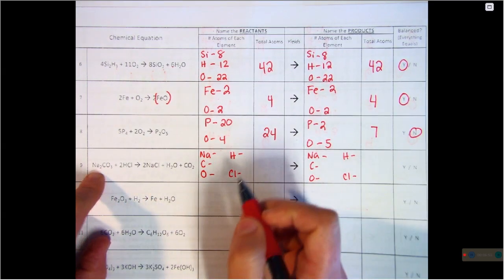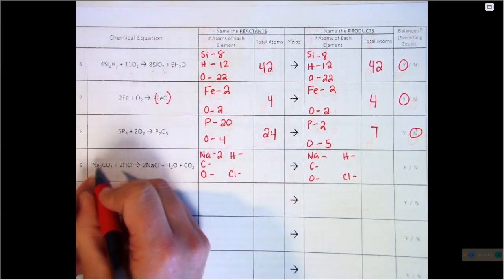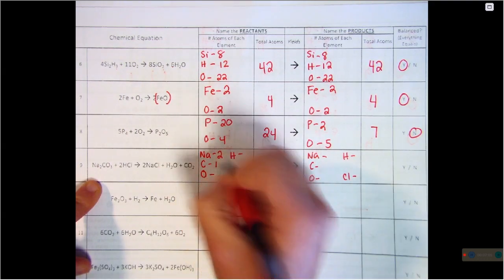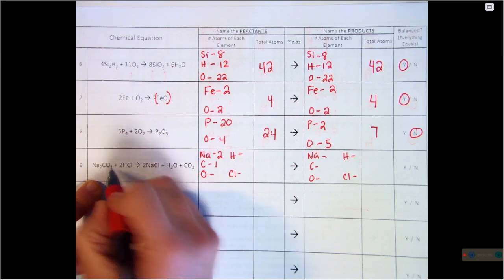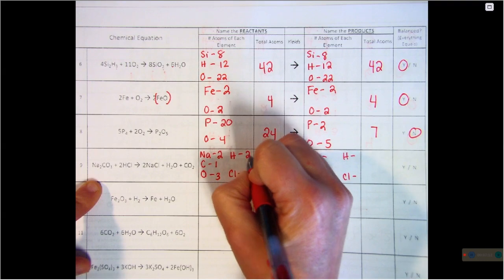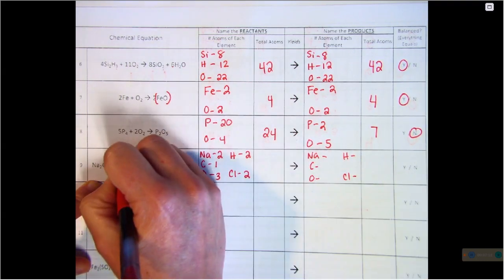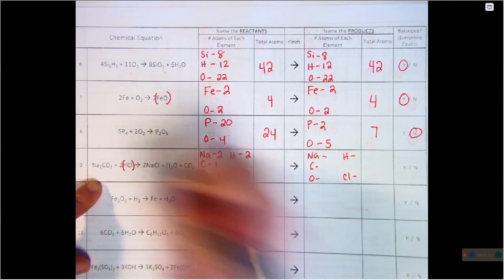Okay? I have 2 sodiums. I have 1 carbon right in the middle. I have 3 oxygens. I have 2 hydrogens and 2, remember it applies to everything, Cls. So if this were in parentheses, 2 hydrogens, 2 Cls.